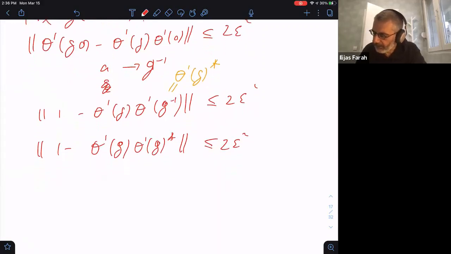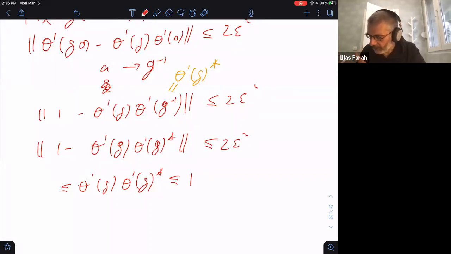Now, what that means is that you see this operator, theta prime of g, theta prime of g star, is a positive operator. It's less or equal than 1. Sorry, they're not unitaries.